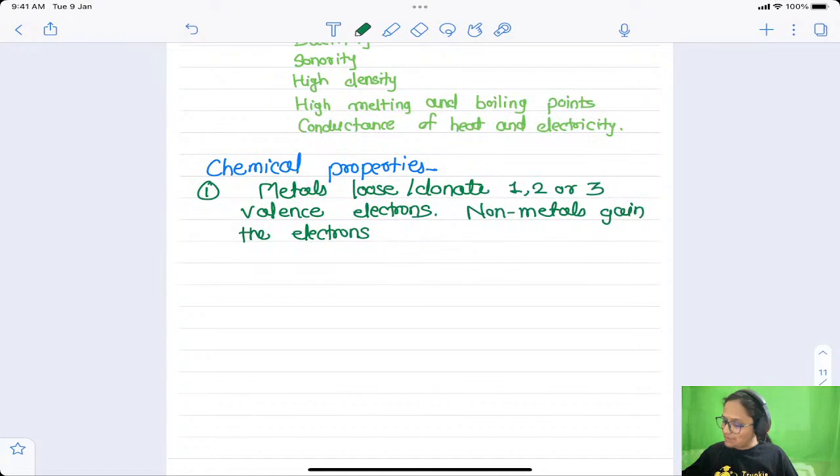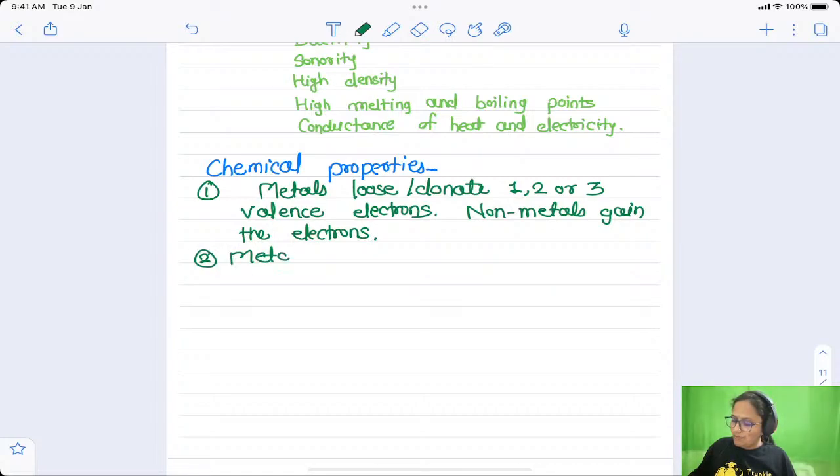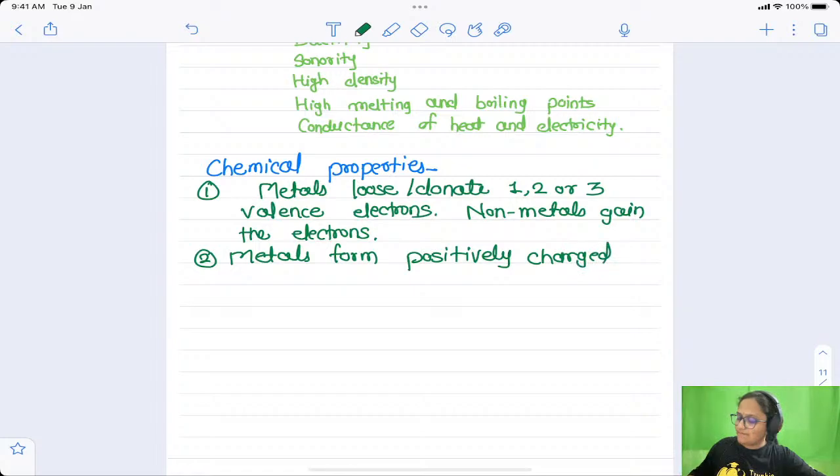Second, after losing electrons, metals get a positive charge. Therefore metals form positively charged ions, and positively charged ions are called cations.